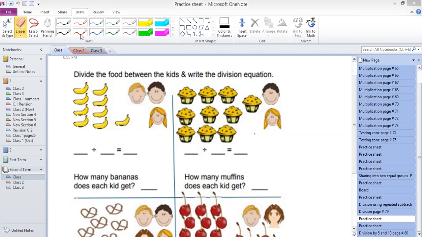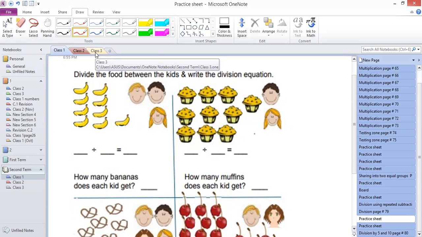Abdullah, you have to divide the food between kids. Okay, so divide these bananas among 3 kids. How many bananas are there? Nine. 9 bananas are there.